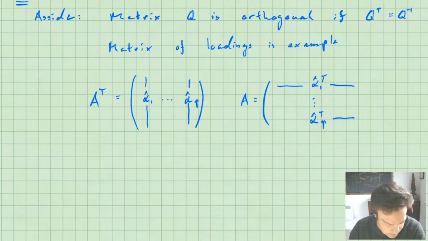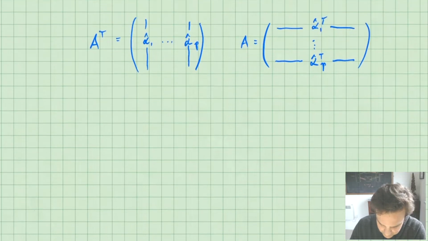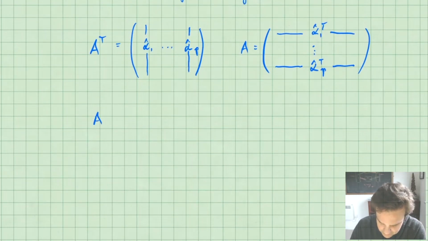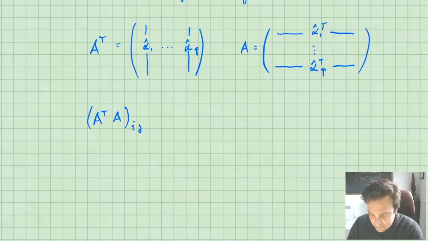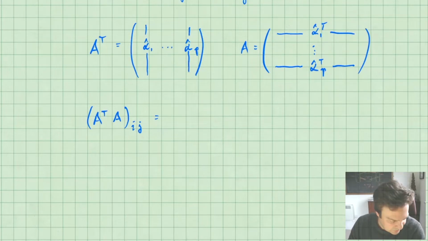Like so. And so you should be able to see that if you did this product, A transpose times A, and then let's just take a look at row I, column J of that. It's easier to see it this way.